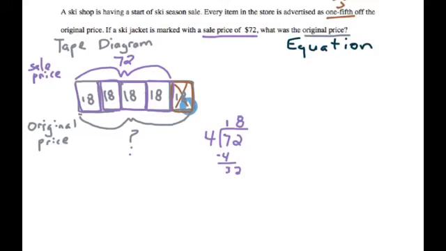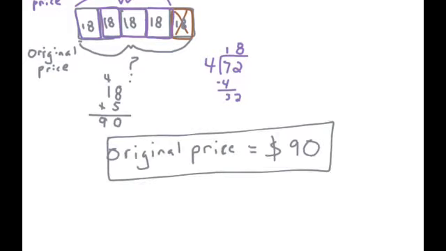They took one of those 18s off for a sale price of 72. But for the original price, we had 5 18s. So we can multiply 18 times 5 to find the original price of $90. So before the sale, the original price equals $90.